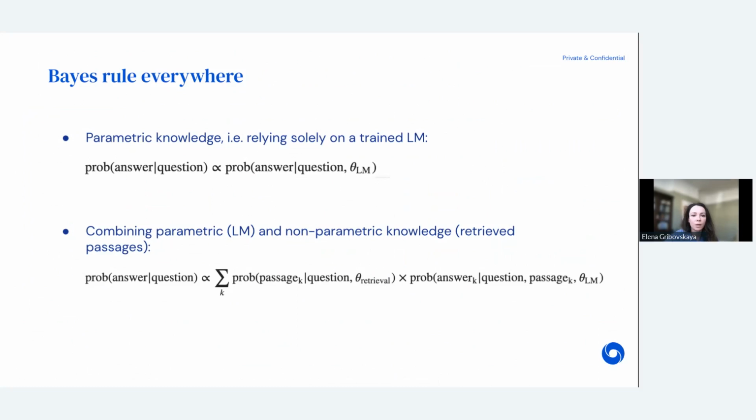Now if, in addition to the language model generator, we also have retrieved passages, we can estimate answer probability differently. We factorize it, taking into account the probability of passages given the question, which comes from our retrieval model, and the probability of the answer given the question and passage, which comes from the language model generator.